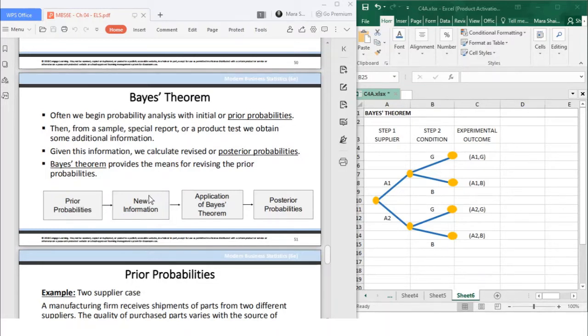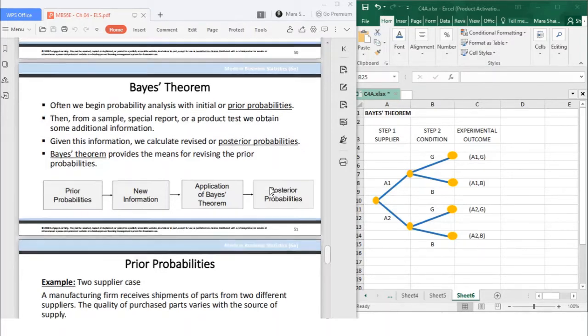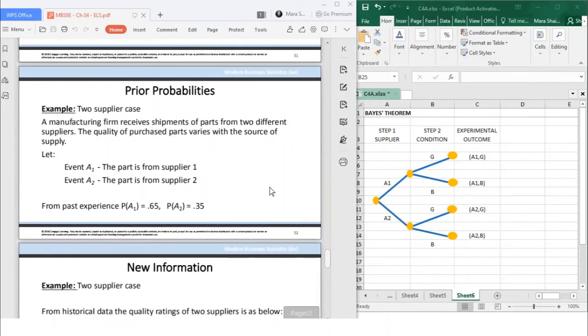Given this new information, you then apply Bayes' theorem, and once you have applied it, you can arrive at your posterior probabilities. To further understand this, let's go to an example. We are given the prior probabilities.